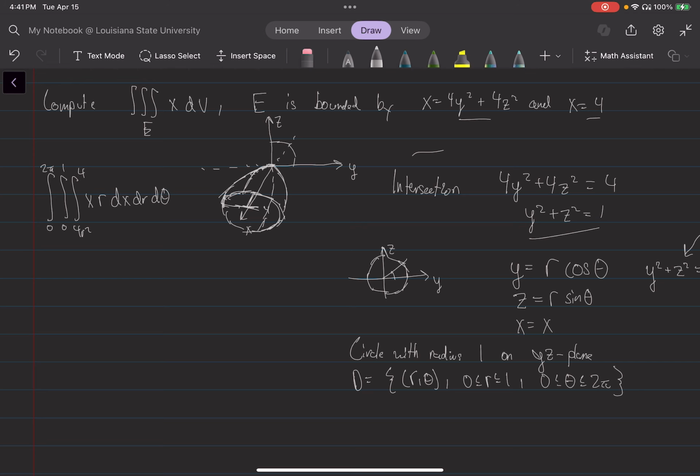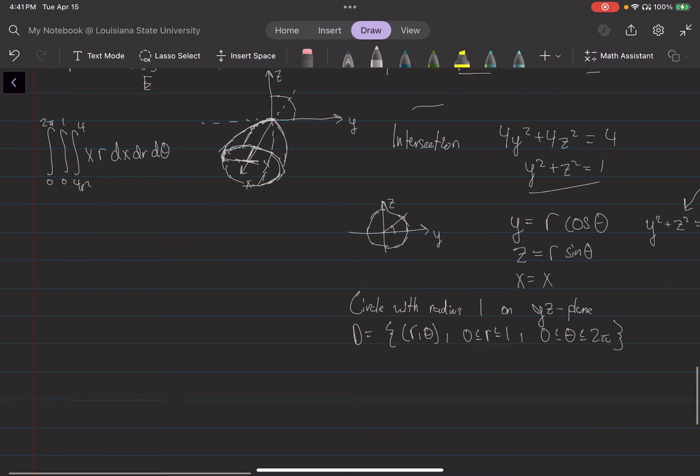From here, this integral isn't too difficult. From 0 to 2 pi of d theta, nothing else relies on theta, so that would just be 2 pi. Then we have the integral from 0 to 1.